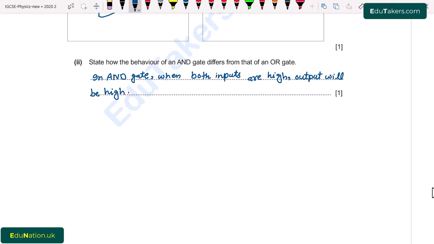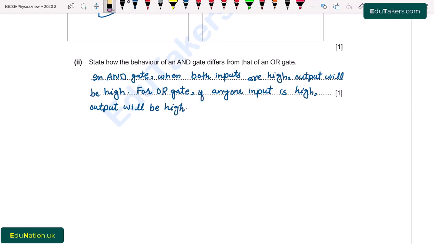But for OR gate, if any one input is high, output will be high. This is the difference between these two.